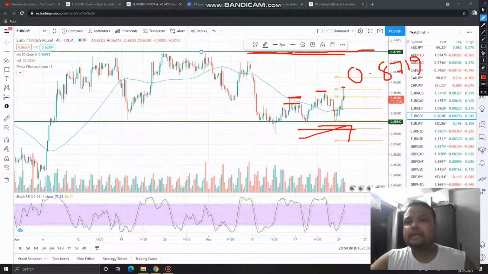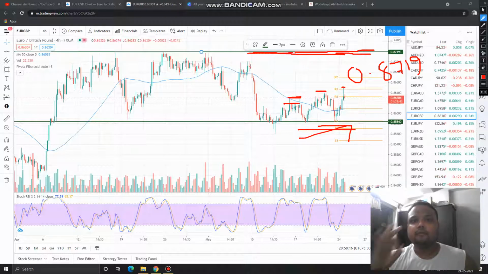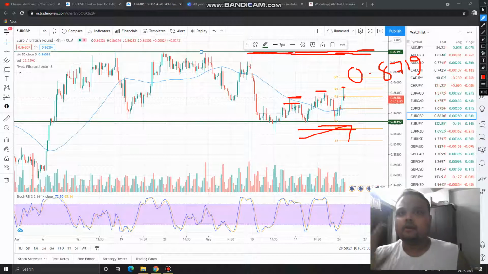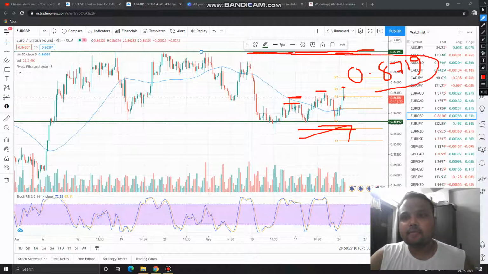In case the market goes up and hits this resistance level, then you can be sure that the market will be reversing from this level. Still, you need to be very careful and observe how the price reacts.